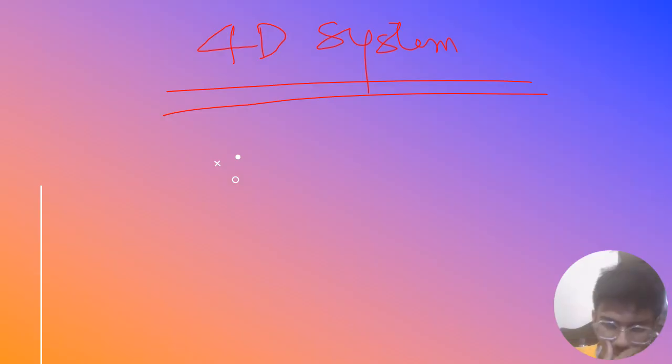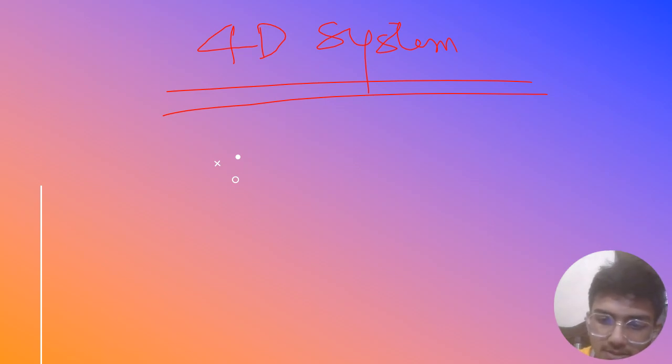So, 4D system. Why do we actually need a 4D system? Until the 3D system, we were concerned about coordinates like x coordinate, y coordinate, z coordinate.